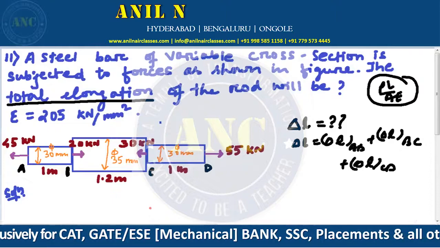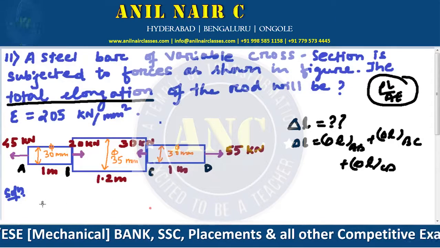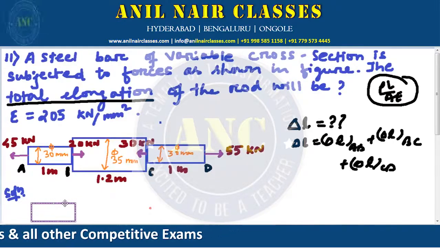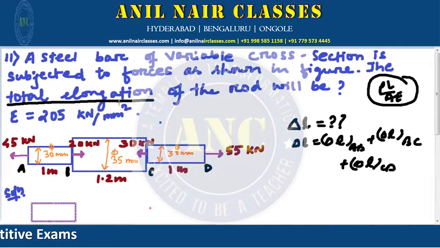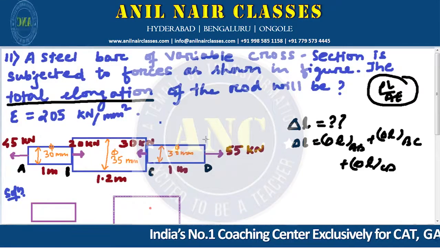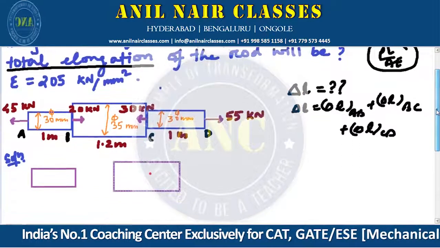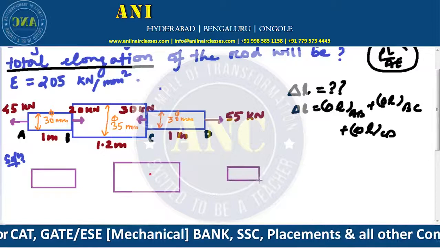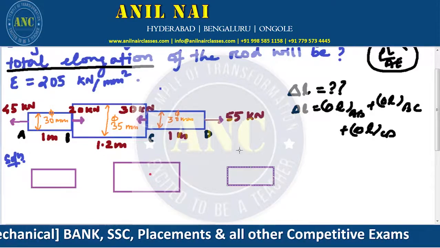So let me draw this. Say this is AB. Say this is BC. And say this is CD.